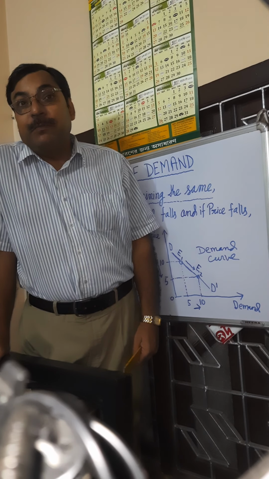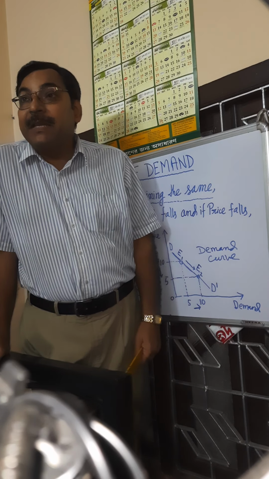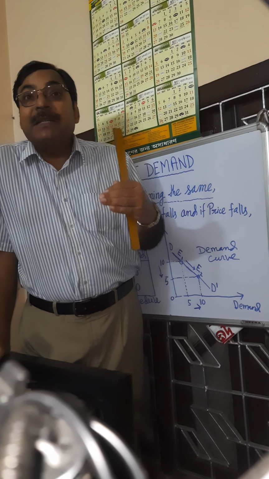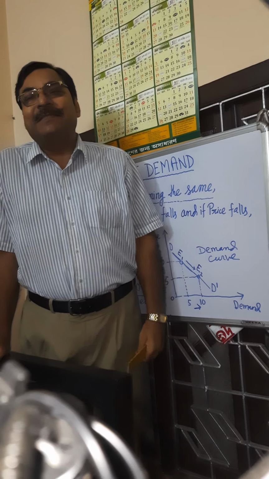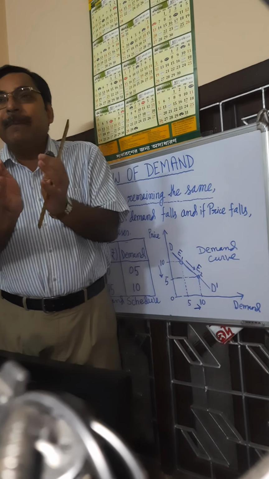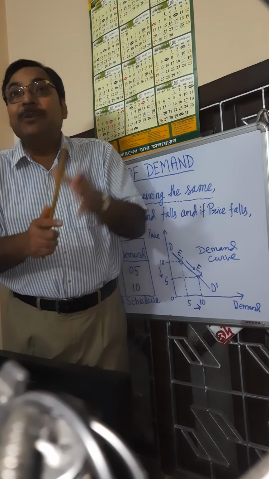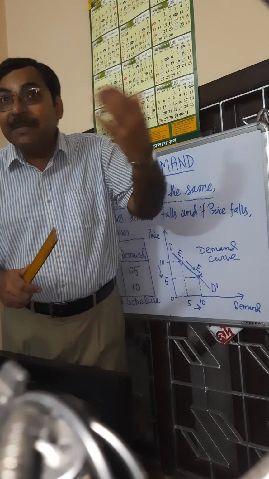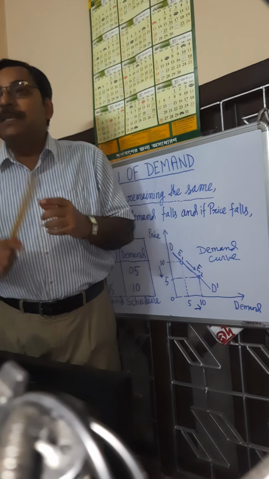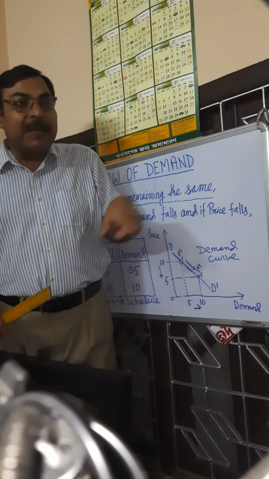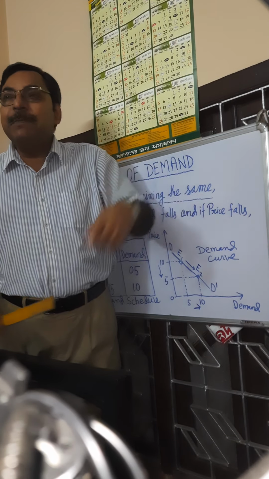How will they buy more? Where will they manage the money from? They will purchase a lesser amount of the relatively dearer commodity. In this way, they will manage the money, and that money will be used to purchase more of the cheaper commodity.